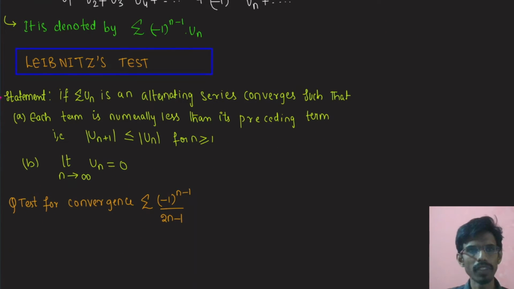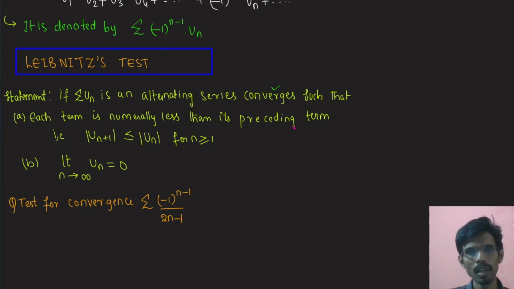The statement of this Leibniz test is: if sigma un is an alternating series, positive negative, it will converge if it satisfies two conditions. First one is each term is numerically less than its preceding term. What does that mean? Numerically means without the positive or negative sign, we just take the value.